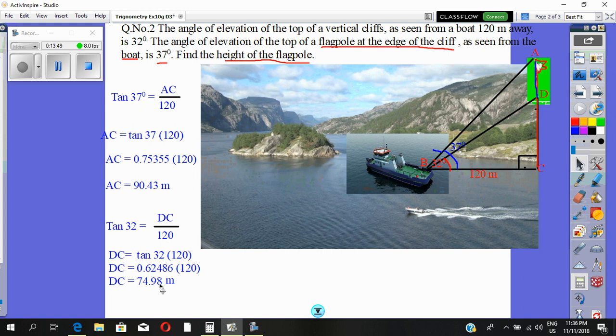From A to C is 90.43, and from D to C is 74.98. For the final answer, the height of the flagpole is AC minus DC, 90.43 minus 74.98, so 15.44 meters is the height of the flagpole.